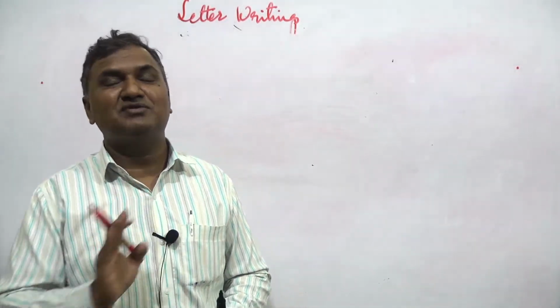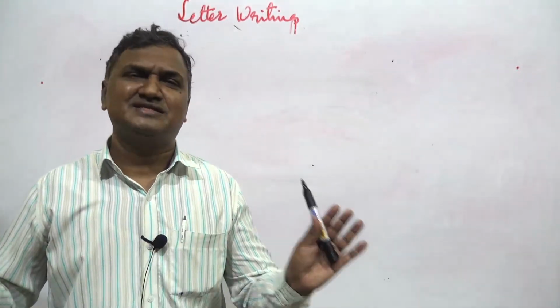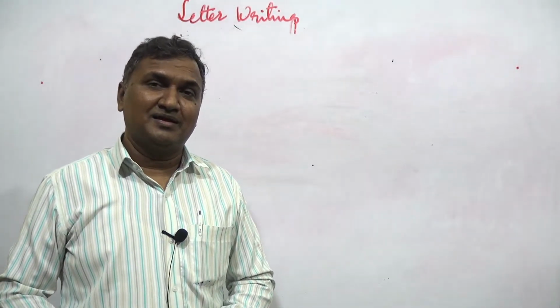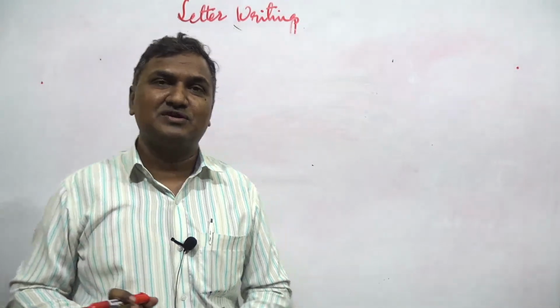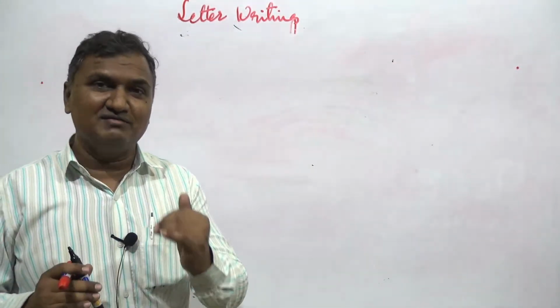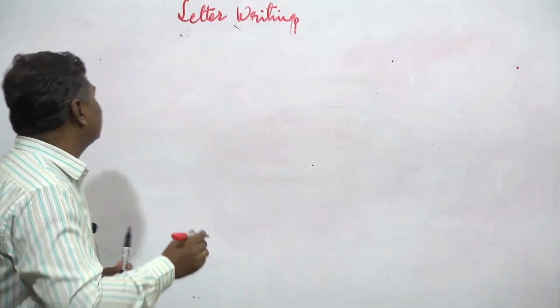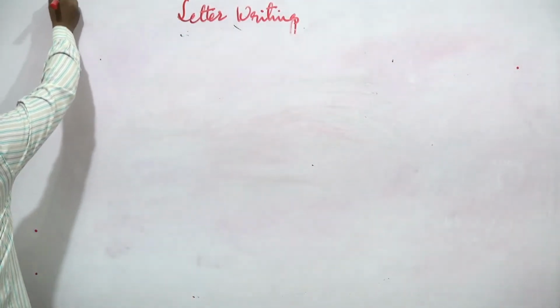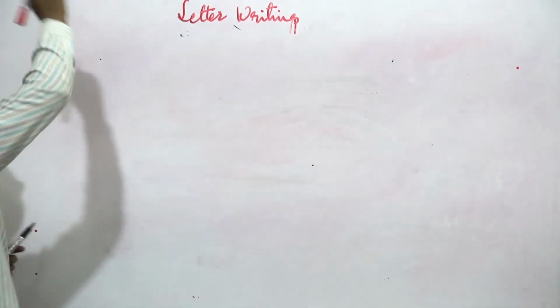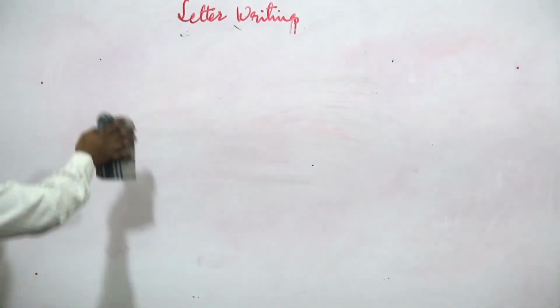Your address, name of your city, all these things are not necessary. Then what should this from address consist of? For our convenience sake, it is said that we have to start with the inside address like this. The from address.